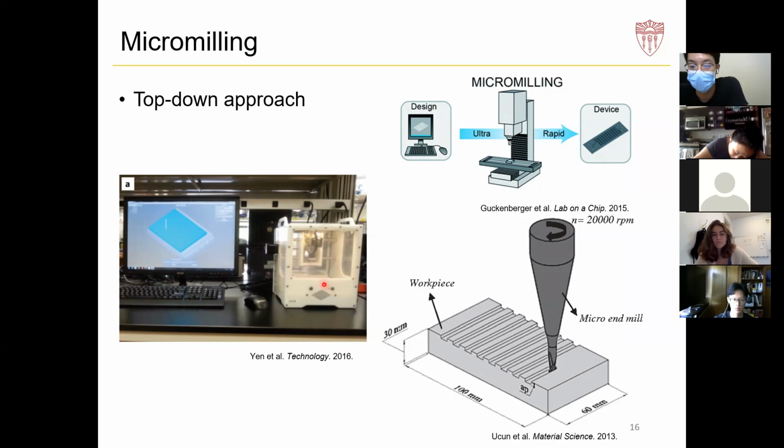But the idea is in this micromilling machine, there's this end mill, and this drill bit is going to literally hash out all the negative space in a stock material that we have.